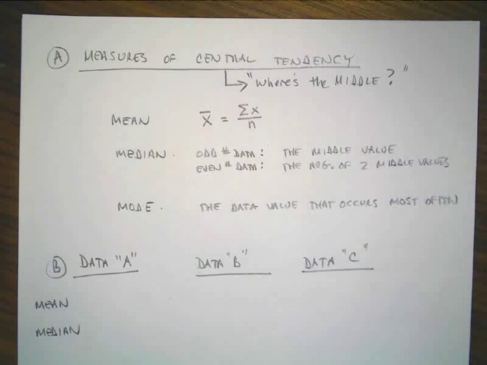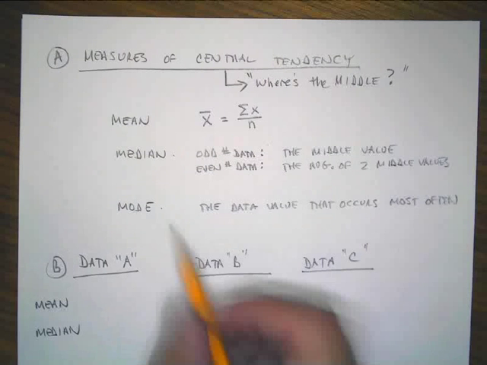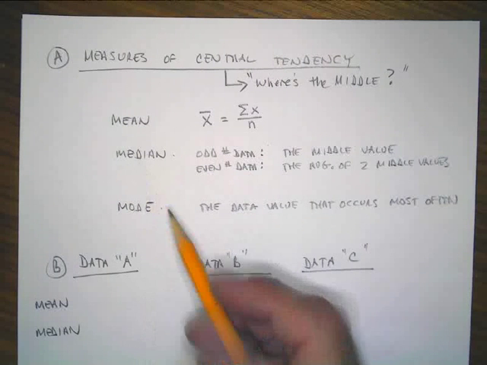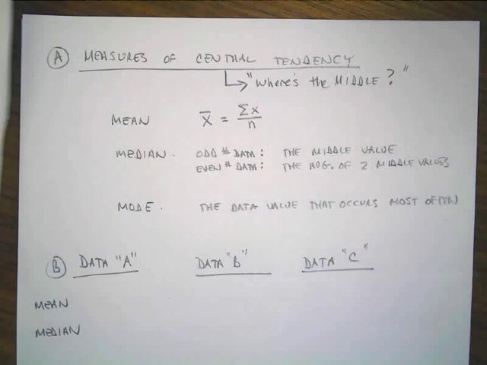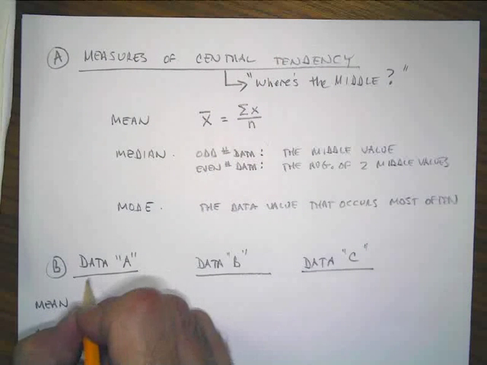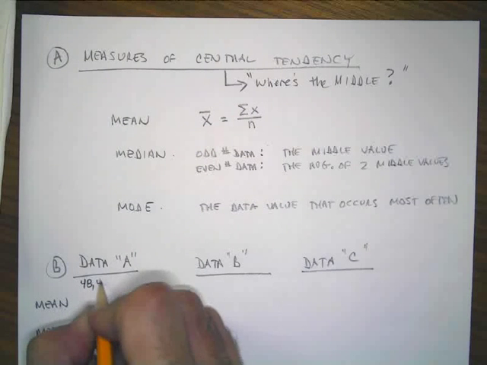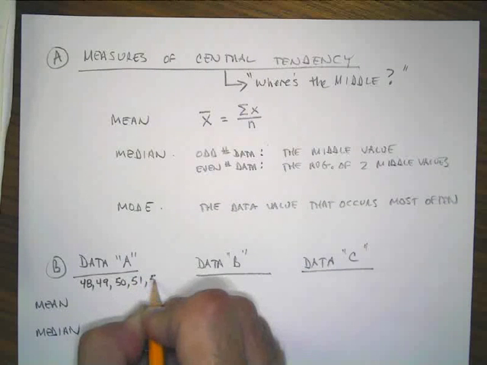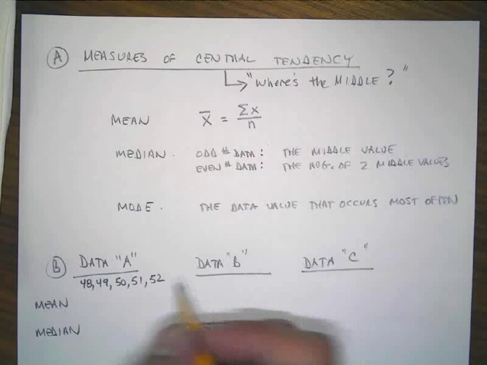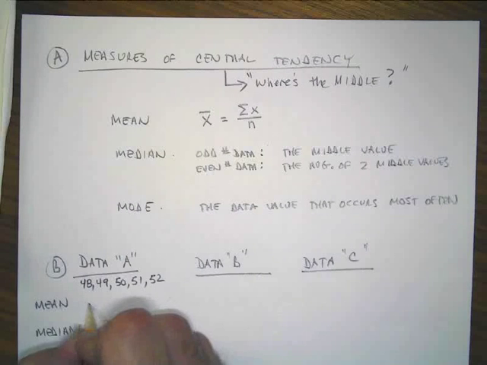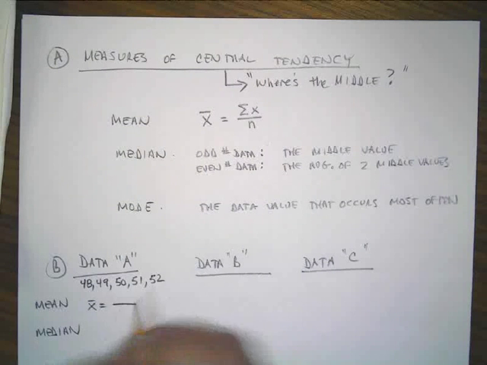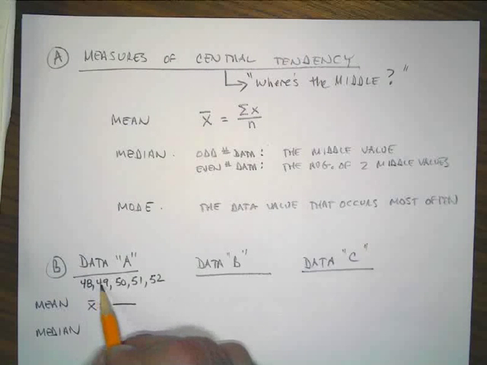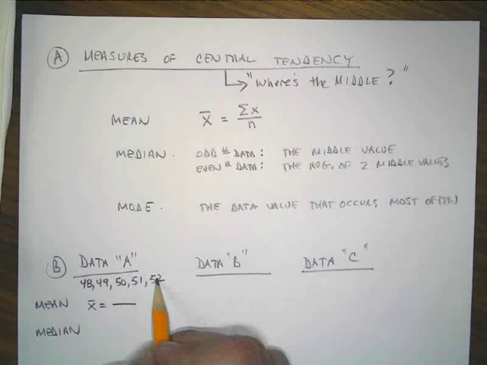Okay, now that we know what those are, let's use the mean and the median to compare some data sets. So the first data set is A, and the numbers are 48, 49, 50, 51, 52. Now the way that we calculate the mean is by summing the value of the data, so 48 plus 49 plus 50 plus 51 plus 52.